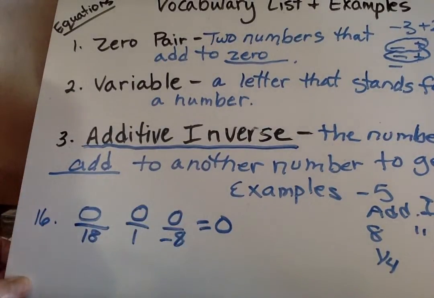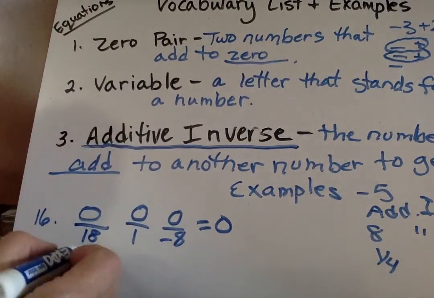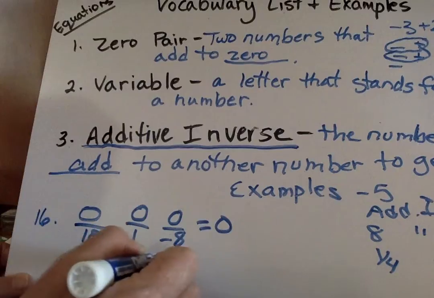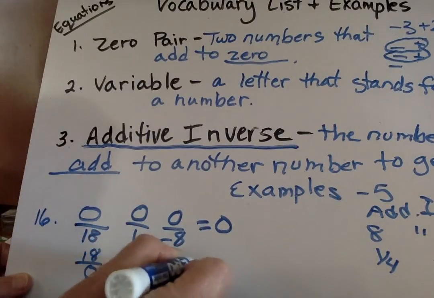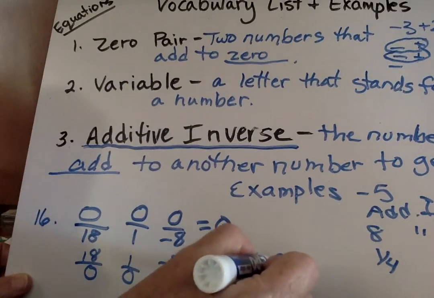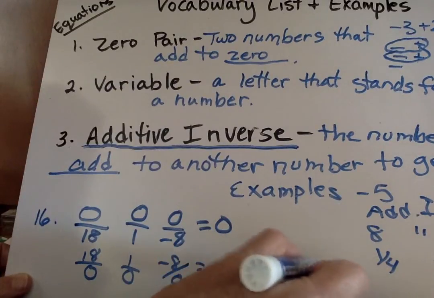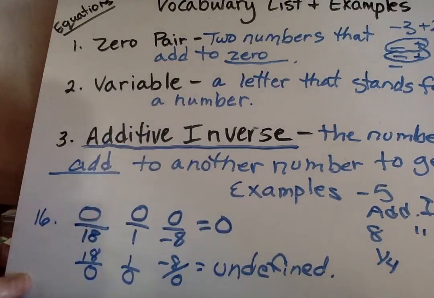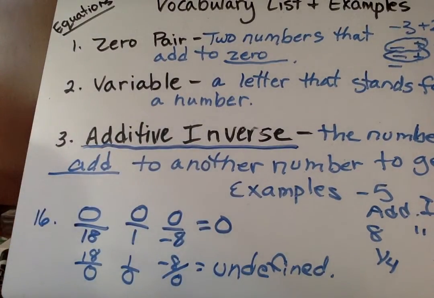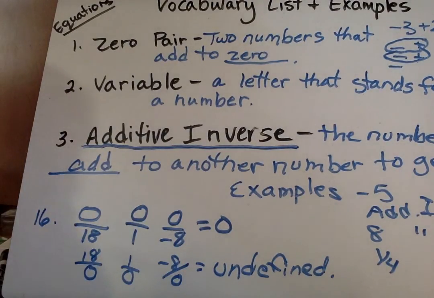All of those are 0. Okay, but if I have 18 over 0, 1 over 0, or -8 over 0, it's undefined. Okay, so again, that's number 16. You can get the rest of this, students, going through the yellow packet. You can do it. You rock.